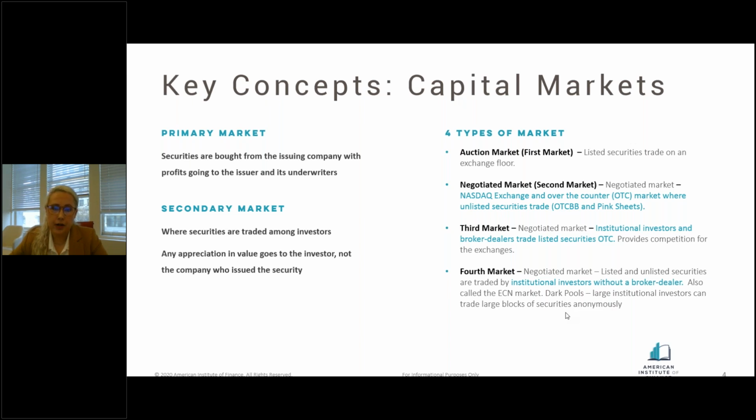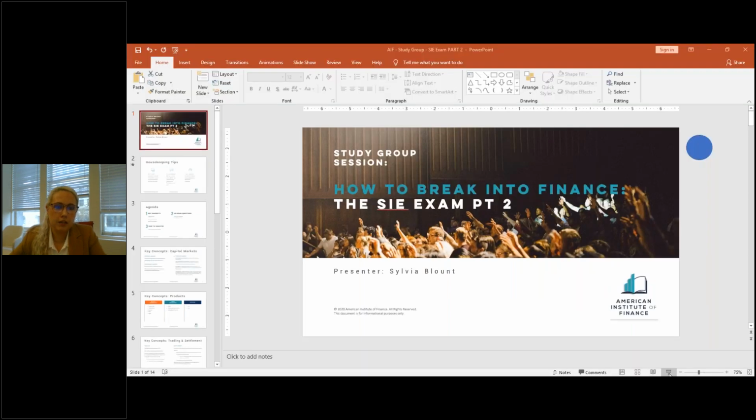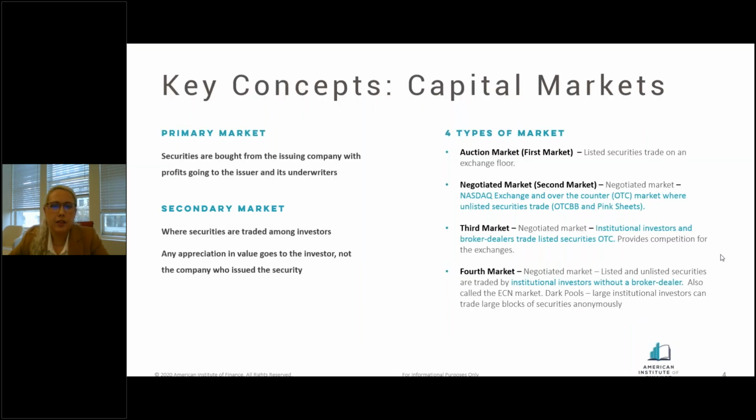And then within the secondary market, we have 4 types of markets. The first type is the auction market, also called the first market. This is a physical location where stocks are trading, and a good example is the New York Stock Exchange.